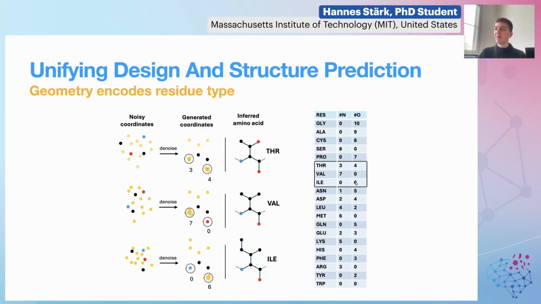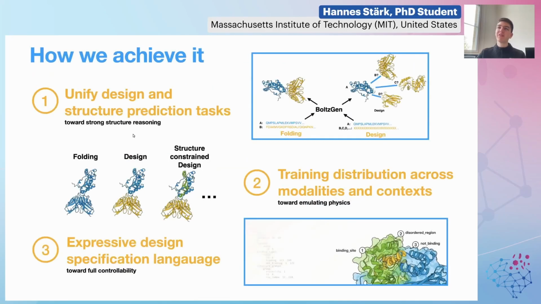And we look into our table and realize this must be an isoleucine. So we have sort of turned the design task into a structure prediction task, right? Because now we're only generating a structure, and this structure also encodes the discrete residue types.